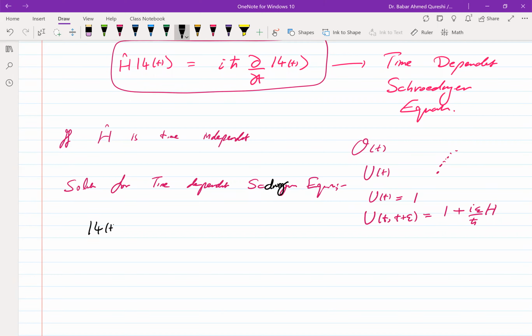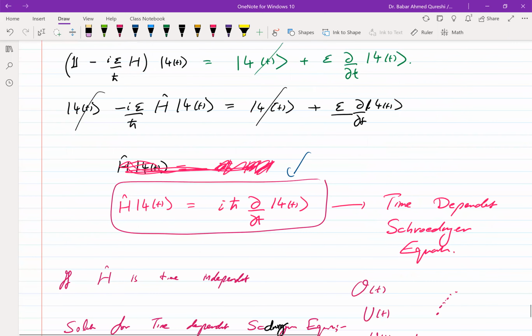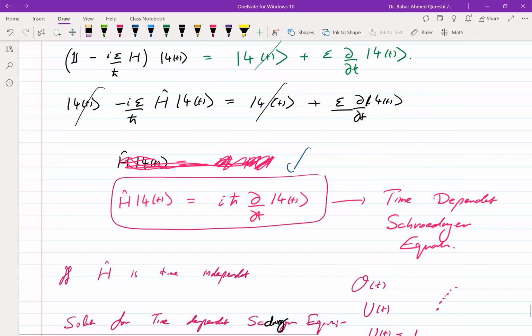Psi of t would be e to the, will there be a minus? We can fix it. What did we put over there? Yes, we put a minus.